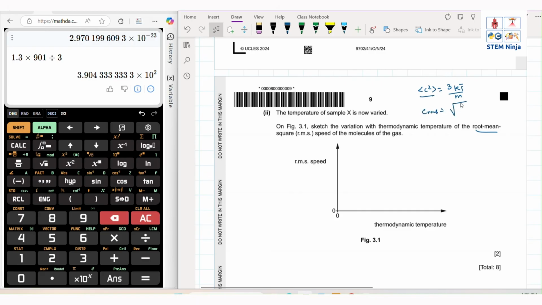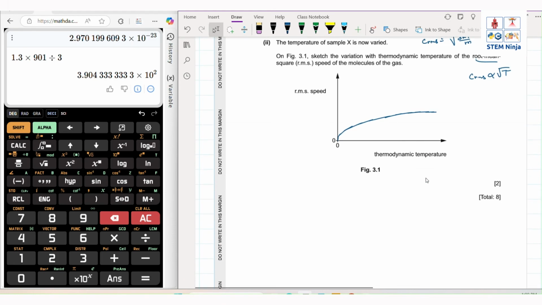So that means the square root we will have is 3kT over m. So c_rms basically is proportional to the square root of T. So the square root graph rises like this, but after that it increases and it goes in a decreasing gradient like this, and that's it.